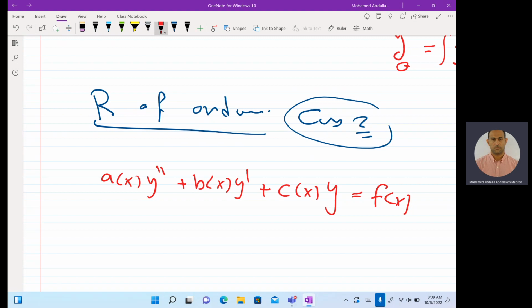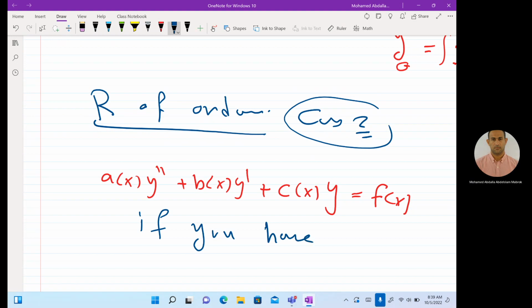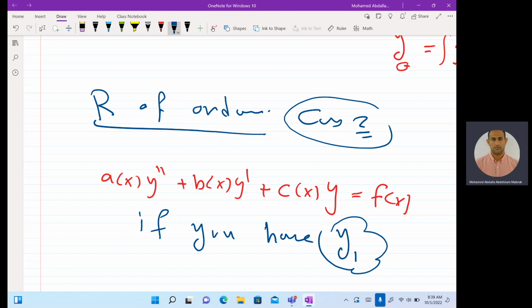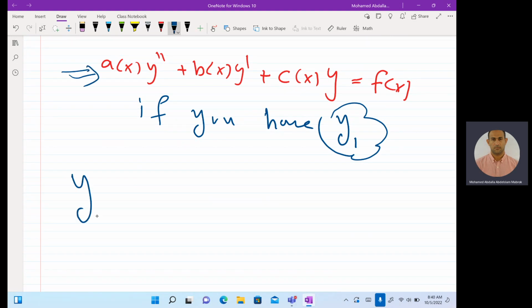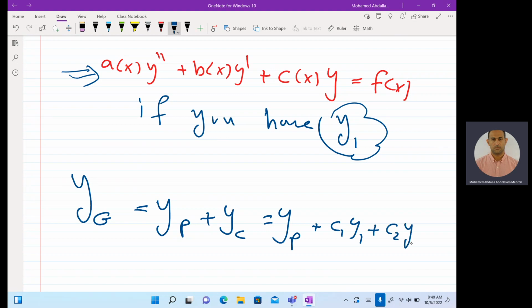So what case 2 does is that it says if you have at least y1, at least part of the yc. Remember the yc is always y1 and y2, right? c1 times y1, c2 times y2. If you have one of them, let's call it y1, then we can continue doing the rest of the solution, which is y2 and yb, because we know that basically the solution of this differential equation is y general, which is yb plus yc, or yb plus c1 y1 plus c2 y2.